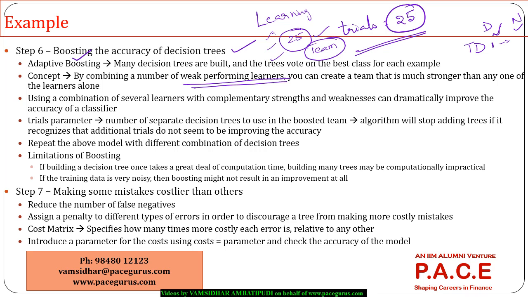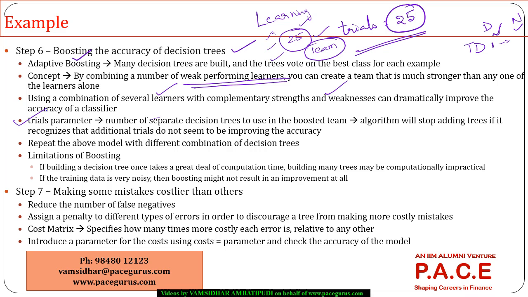If I am creating 25 different trials, it means I am learning from the data in 25 different ways, and the combined learning is always better than any individual learning. It's a combination of several learners, all complementing each other's strengths and weaknesses, so the overall classification is improved. That's the typical intention of boosting any kind of algorithm.